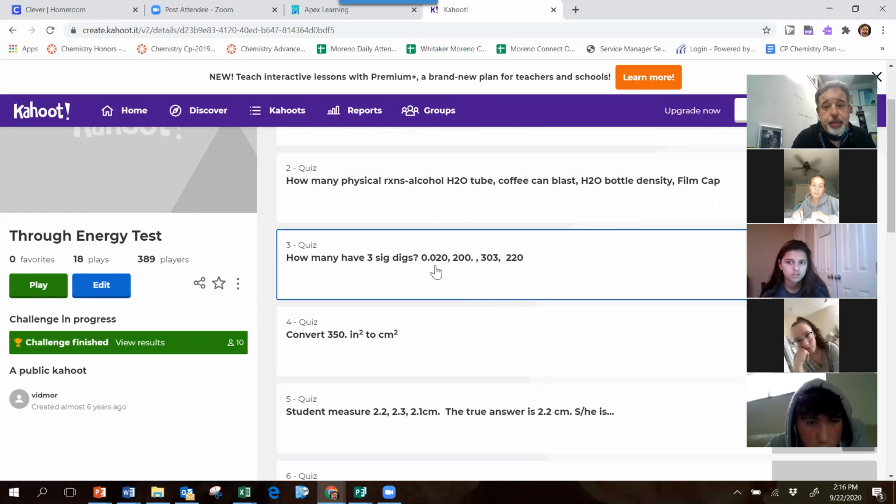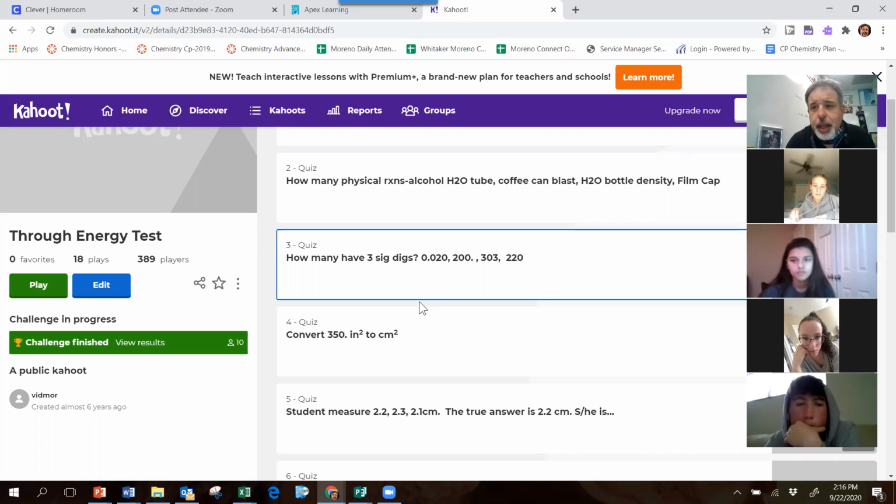Let's see the question. Okay, so here we have those numbers with weird zeros and stuff. You know by now that some of these zeros are not significant and some are. So let's let the calculator tell you. Remember, whatever the calculator tells you, think the reverse.